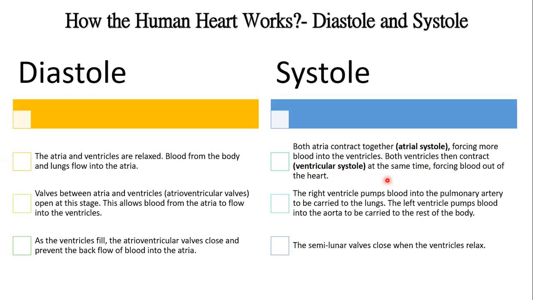From the left side of the heart through the aorta to the rest of the body. When the right ventricle contracts during ventricular systole, the blood would leave the right ventricle and enter the pulmonary artery. That's deoxygenated blood entering the pulmonary artery and going to the lungs.